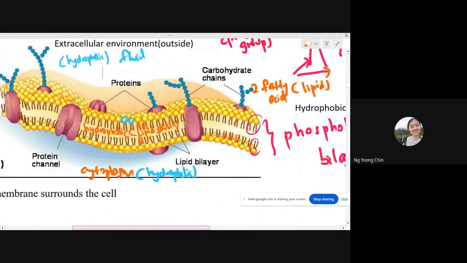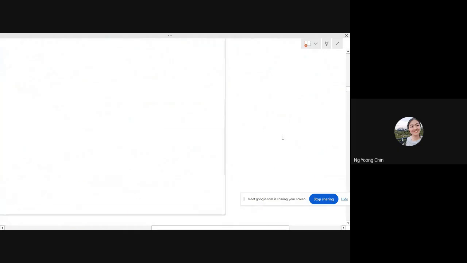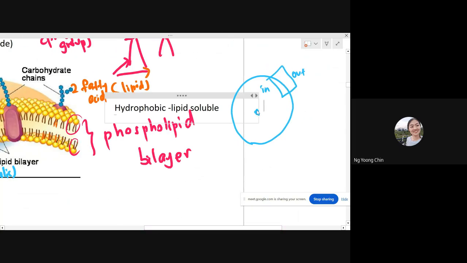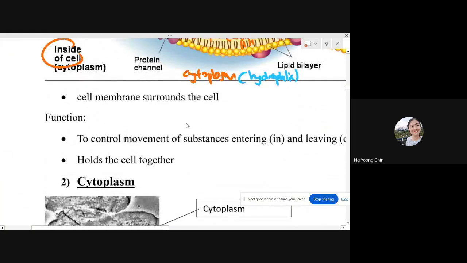So this is the structure of the cell membrane. This is a cell, with the inside of the cell and the outside of the cell. This is the cell membrane, facing the cytoplasm inside or the extracellular environment outside. So what is the function of the cell membrane?